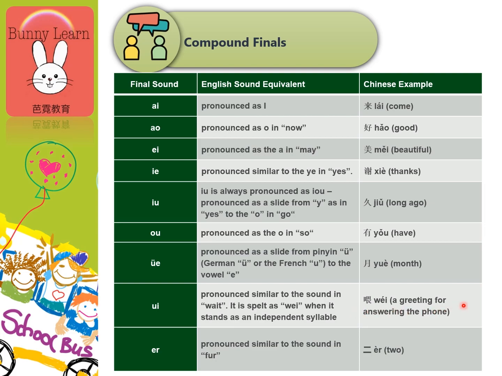And the Chinese example, 味, wèi. Er. This is pronounced similar to the sound in fur. Chinese example, 二, èr.